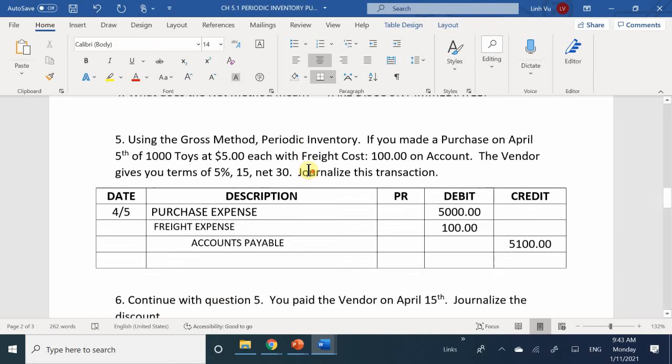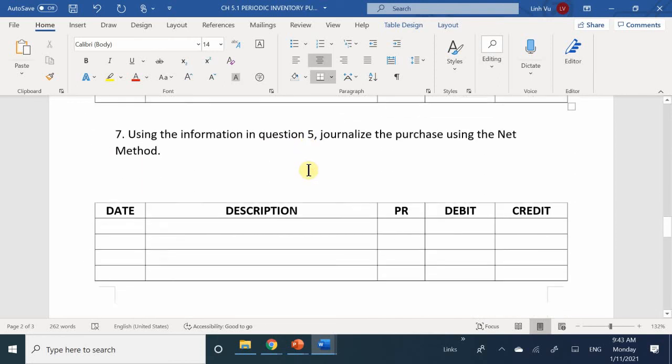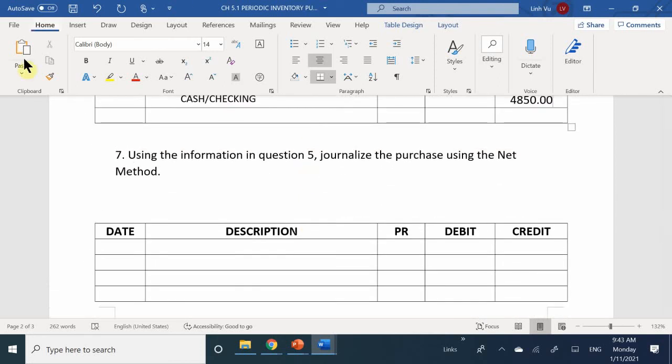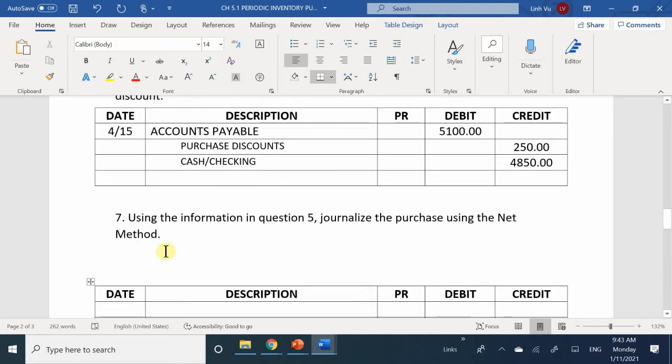So how do I journalize it if I'm going to be using the net method? Accounts payable 5,100. Okay, so we're not paying them. So here, we're just recording the transaction using the net method. So we're not paying, we're just recording.